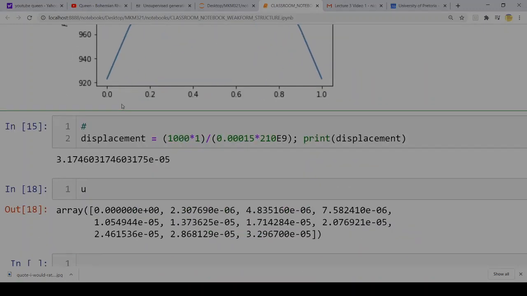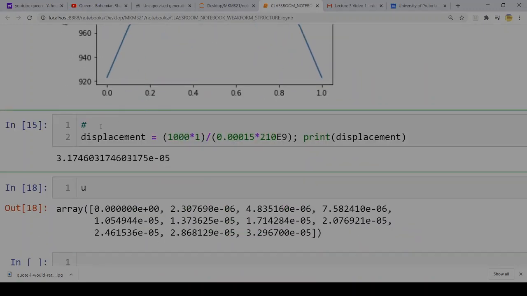And if I do that, I can use this relationship for the tip displacement, delta. Recall this from the normal bar stuff you've done in MOW 227 and that we did earlier this year as well. So the force times the length of the bar, divided by the area and the Young's modulus.